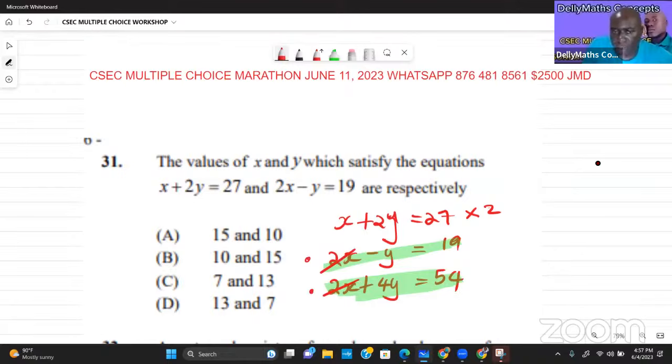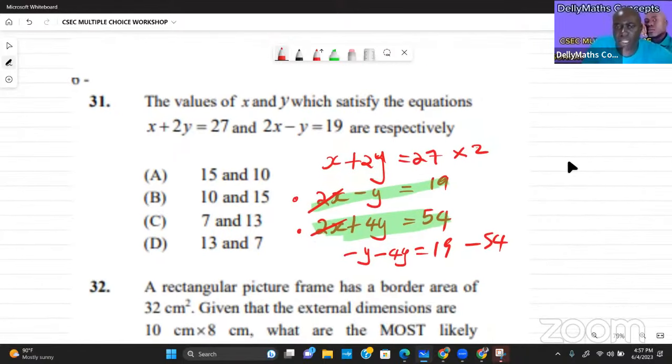So if I have negative y, subtract 4y, that's going to give me negative 5y, and 19 subtract 54. You want to set it up and be in a consistent order. So I'm going to find the value for y. Negative 5y, 19 minus the 54, that's going to give me negative 35. Let me write it here. Negative 5y is equal to negative 35.